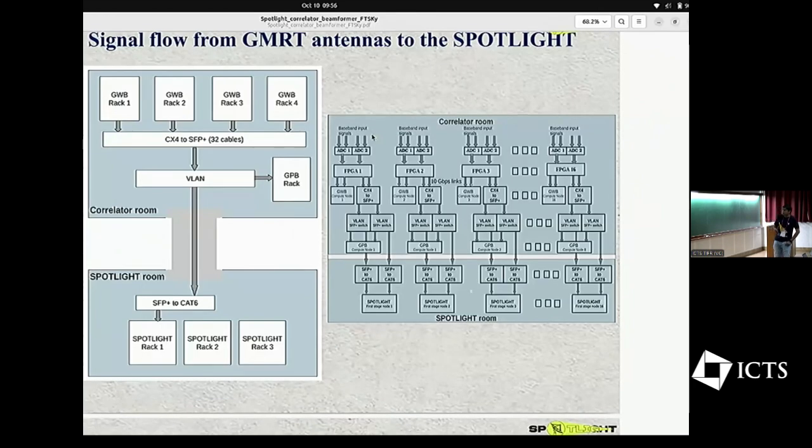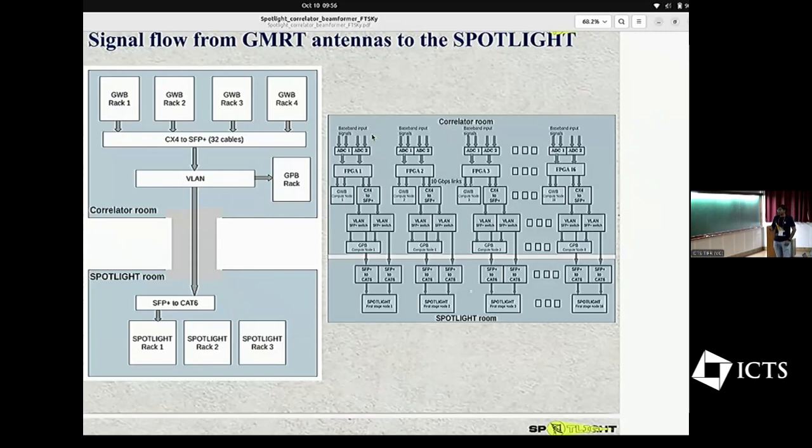After copying the data in the FPGA, we send it to a conversion stage, because the Roach boards have nearly obsolete CX4 connectors. The first stage converts to SFP, and then we send it to a VLAN to make an extra copy, to send 1 copy to the upcoming GMRT parallel backend and 1 copy to Spotlight, for which there is another conversion stage from SFP to Cat6, because the Spotlight Rudra servers take Cat6 inputs.